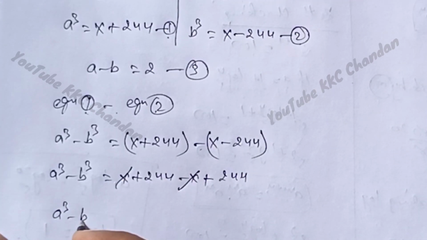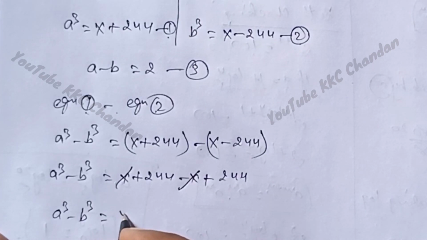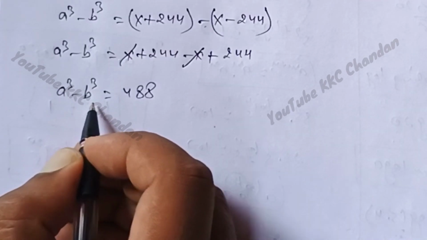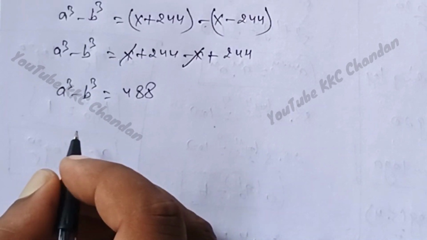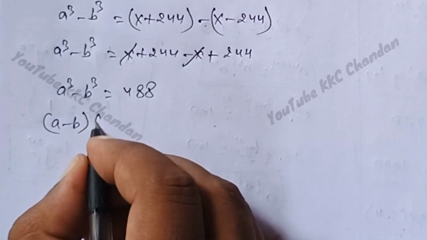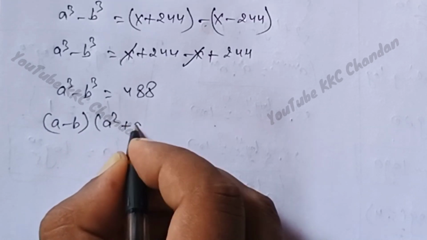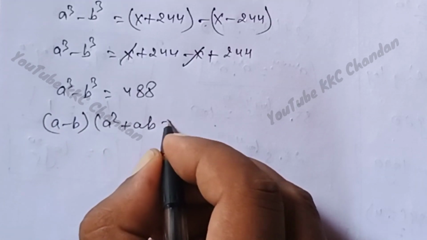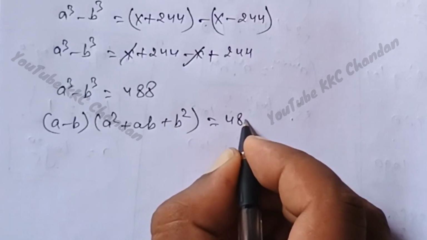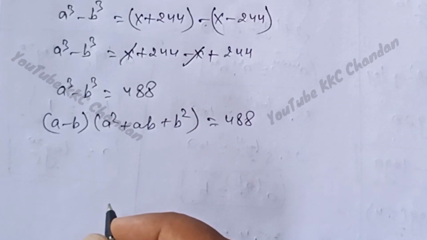A cube minus B cube is equal to 488. We know the A cube minus B cube formula: (A minus B) into (A square plus AB plus B square), bracket close, is equal to 488.